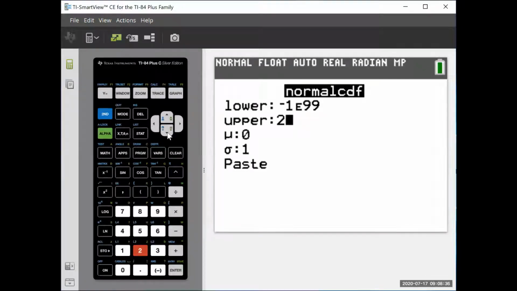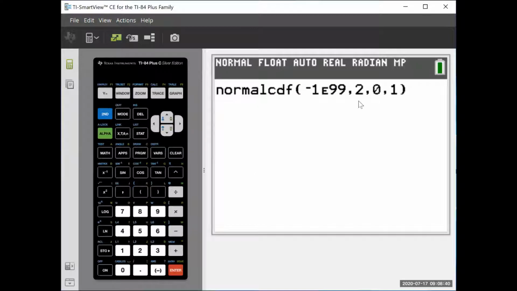Mean is 0, standard deviation is 1. Paste this in the main screen. It appears like the way we wrote on paper. And then we hit enter, and you get the result. You can write up to 4 decimal places. So that will be 0.9772.